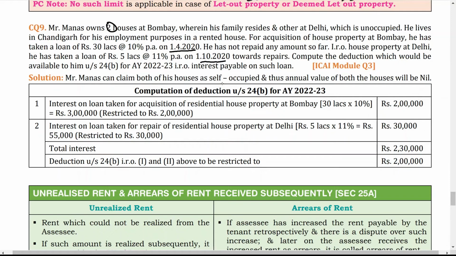Interest on loan taken for acquisition of the residential house property: 30 lakh into 10%, that is 3 lakh. He has taken the loan of 30 lakh on 1/4/2020, from the start of the year, so full year interest is available. Now interest on loan taken for repairs of the residential house property at Delhi: 5 lakh into 11%, that is 55,000 for the full year.